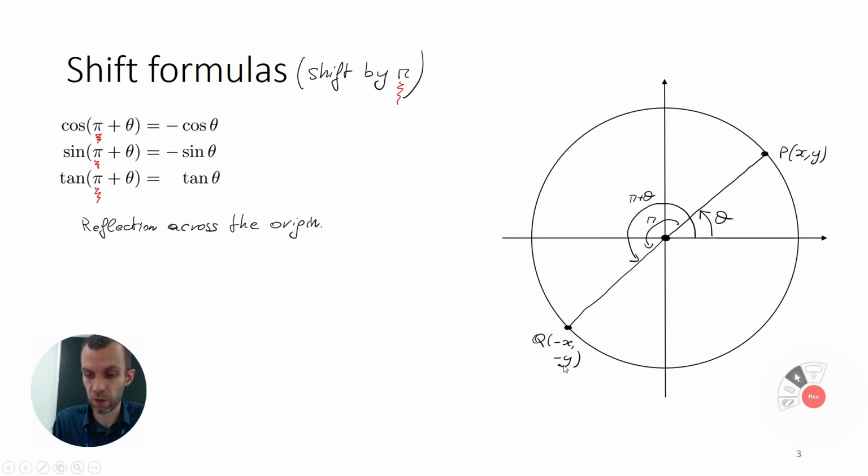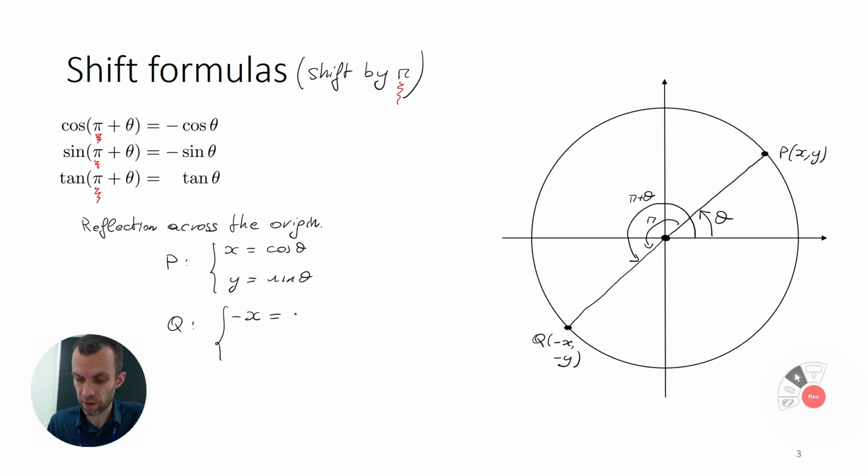And then maybe really quickly, if we again compare what both points tell us, the coordinates of P are x is cosine theta and y is sine theta. And for Q, now we have minus x is cosine of pi plus theta, and minus y is sine of pi plus theta.